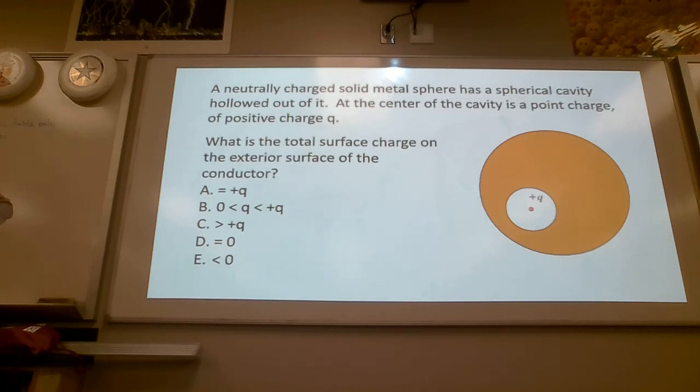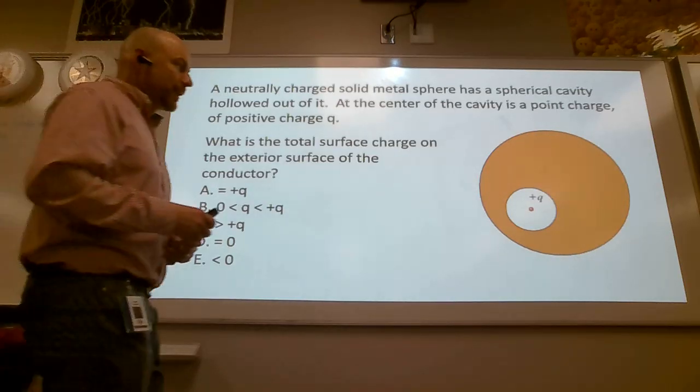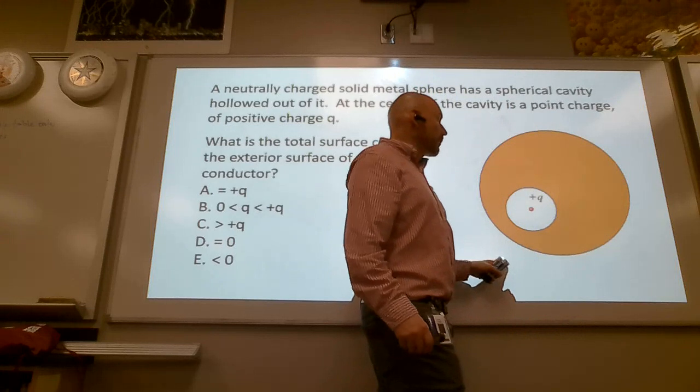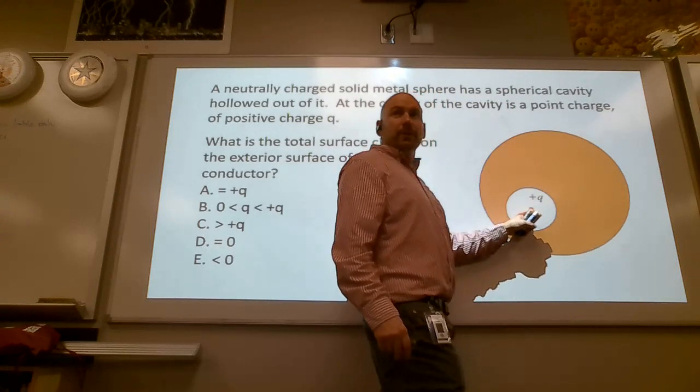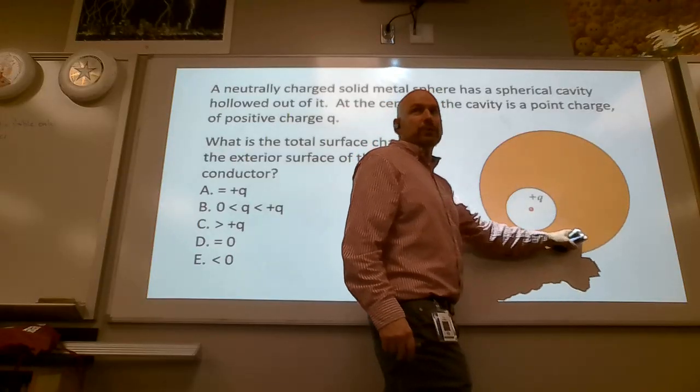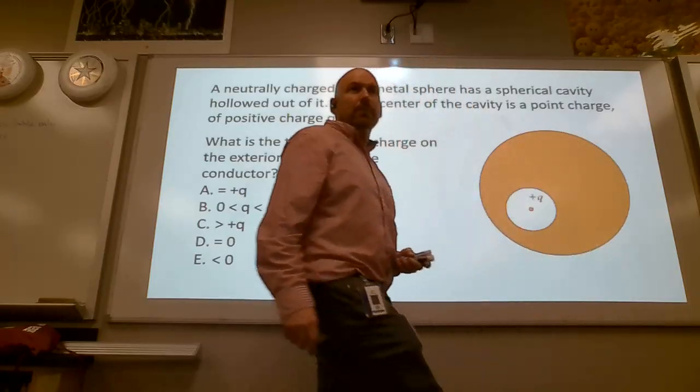Thumbs up when you got a guess. Tell your neighbor and tell them why. Correct answer is A. If you do a Gaussian surface around here, the total charge enclosed would be plus Q. This is negative Q. This whole thing's neutral, so this has to be positive Q. Good?